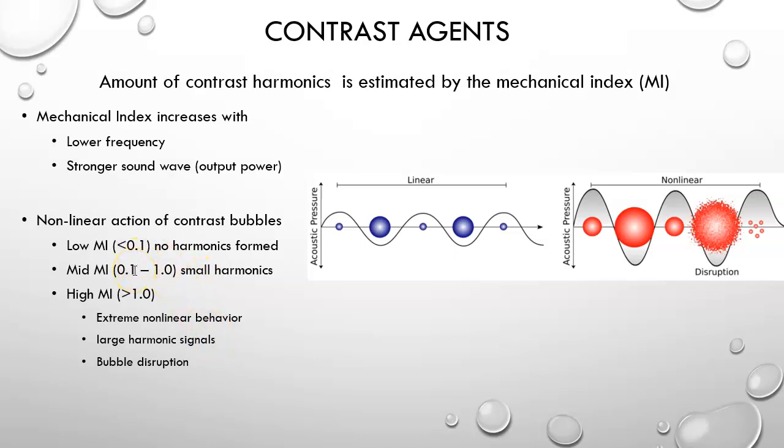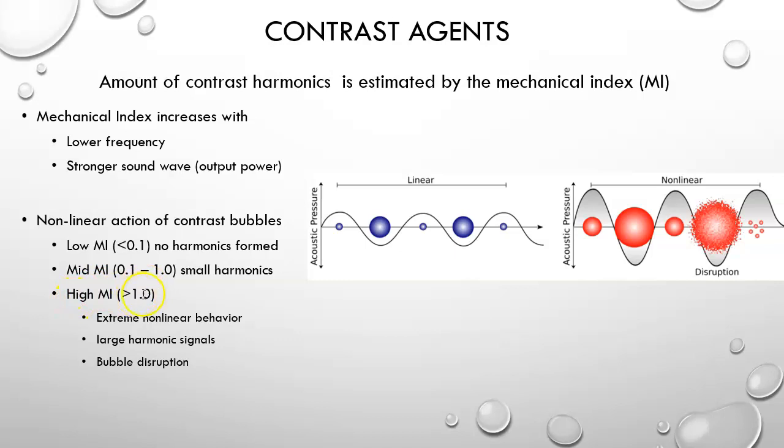Below 0.2 is called very low mechanical index, and they utilize very low mechanical index imaging to look at tissues with contrast material in it. But that's a whole other story. So the sweet spot for harmonics for contrast agents is 0.1 to 1.0.